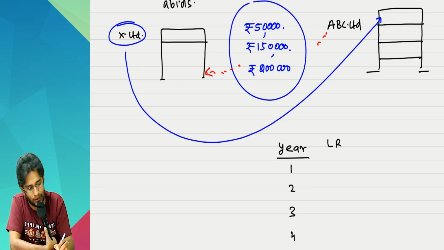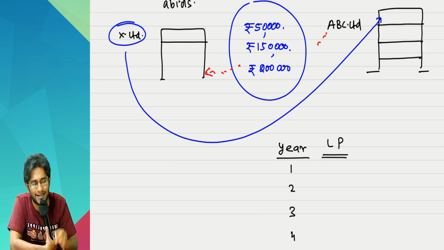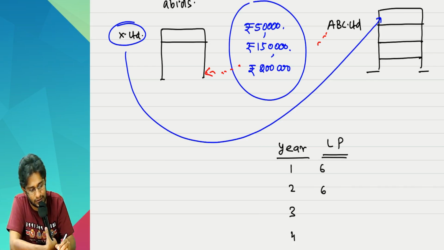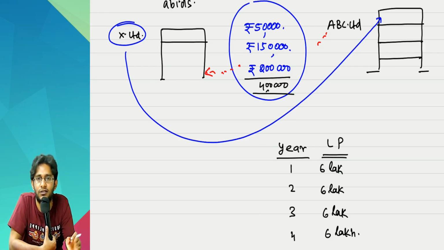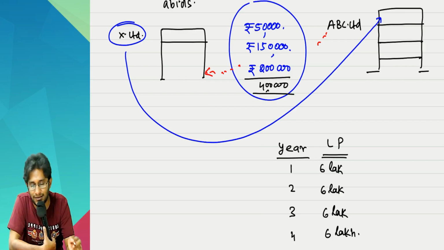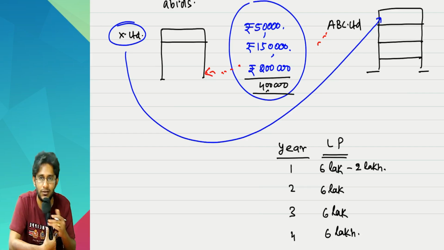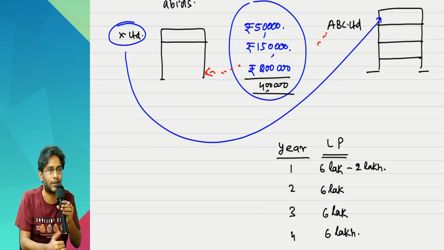Suppose your lease payment as a lessee every year is 6 lakh rupees. 6 lakhs, 6 lakhs, 6 lakhs, 6 lakhs. But your lease incentives total how much now? 2 lakhs plus 3 lakh, 50, 4 lakh rupees. ABC Limited told that he will pay you 2 lakhs in the first year, 2 lakhs in the second year. As a result, your lease payments are also now reducing. They won't reduce. Actually, 6 lakhs will be paid separately, 2 lakhs will be received separately.